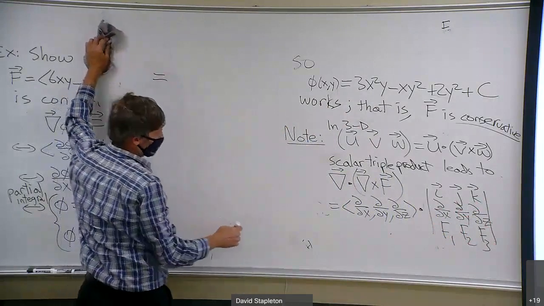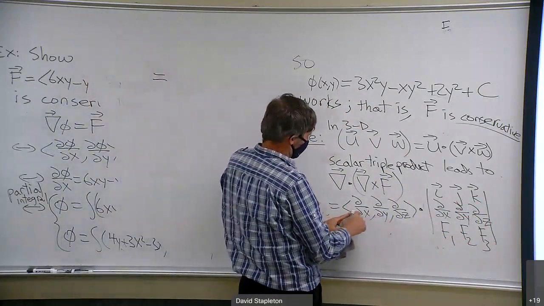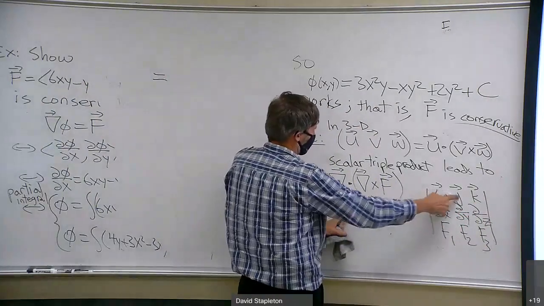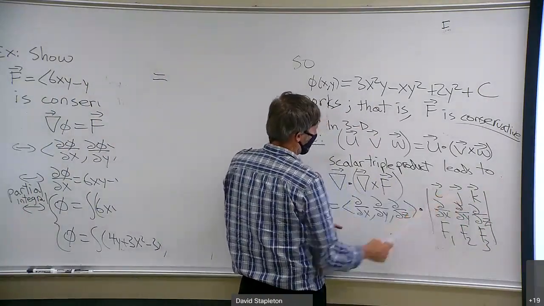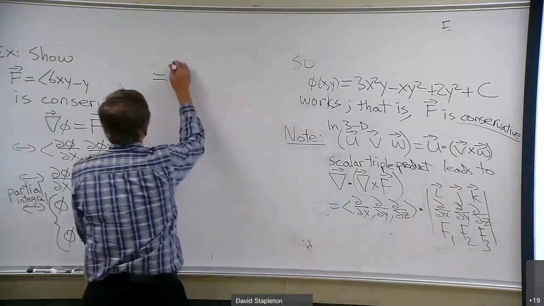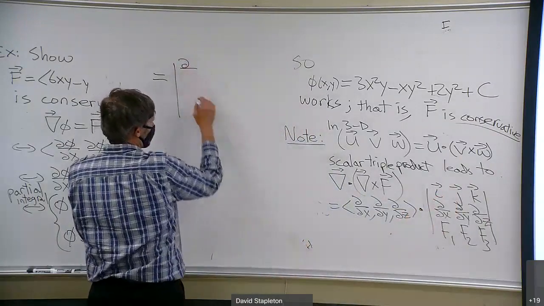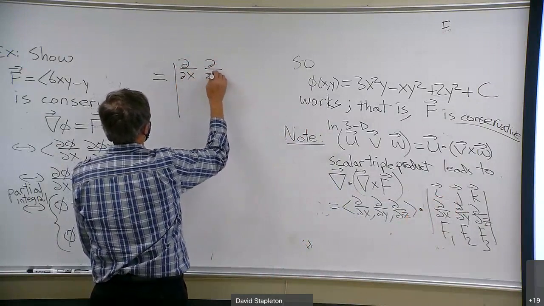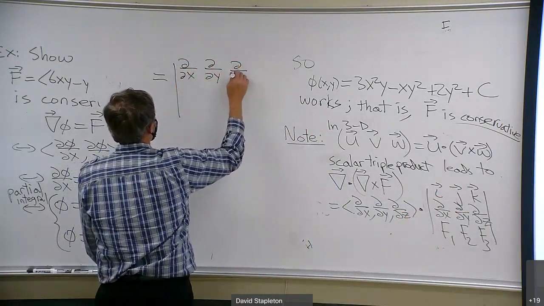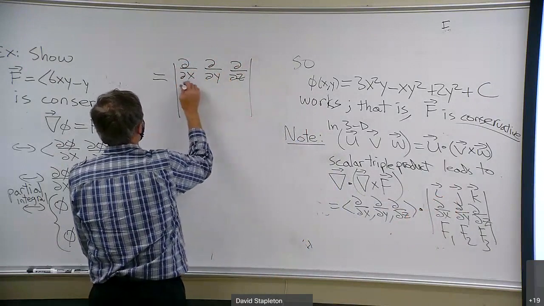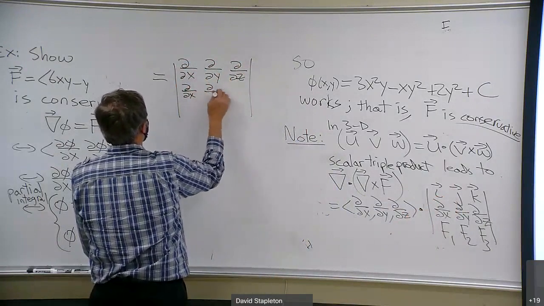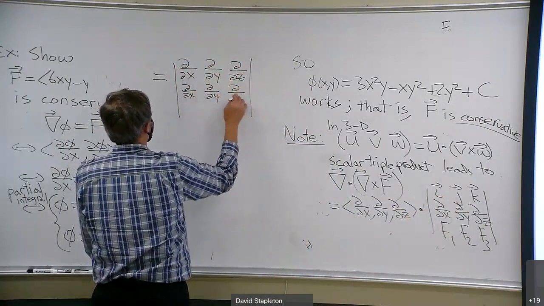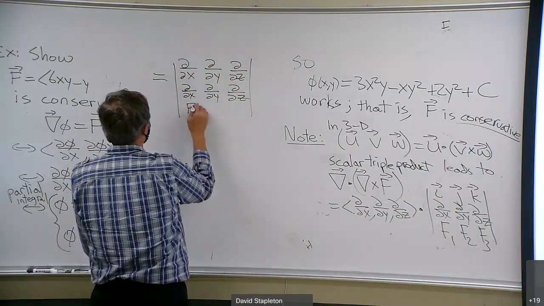So what you do, if this is a dot product, is just replace i with this, replace j with this, and replace k with this, and you'll get the result. It's the same as the determinant. Maybe you remember this from before. It's d/dx, d/dy, d/dz, replacing i, j, k. Then you've got d/dx, d/dy, d/dz here, and F1, F2, F3.